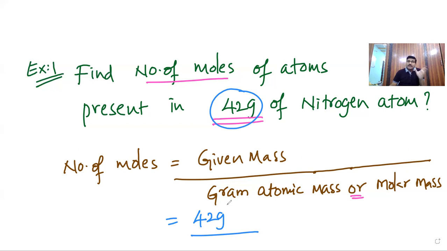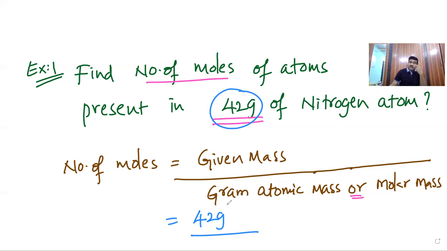Hence the atomic mass of nitrogen is the mass of 7 protons plus the mass of 7 neutrons. We take the mass of a proton and of a neutron as 1 atomic mass unit each. Hence the total atomic mass of nitrogen is 7 plus 7, 14 atomic mass units.